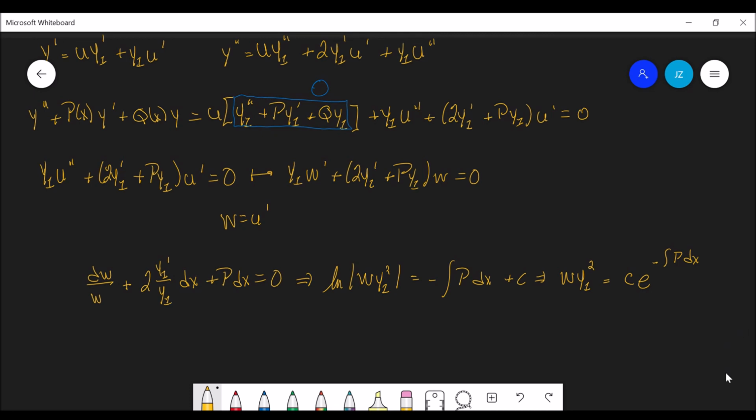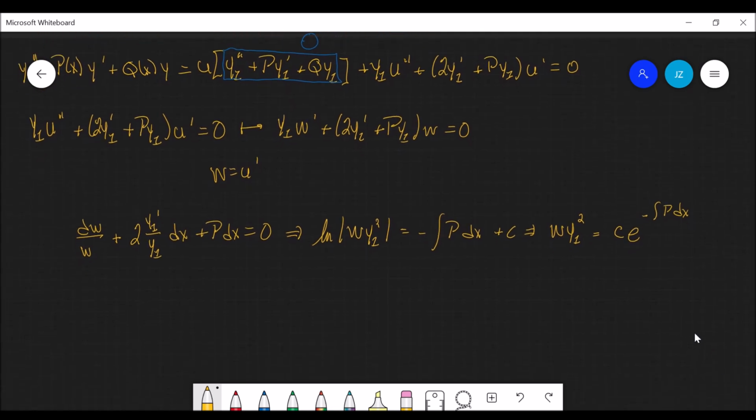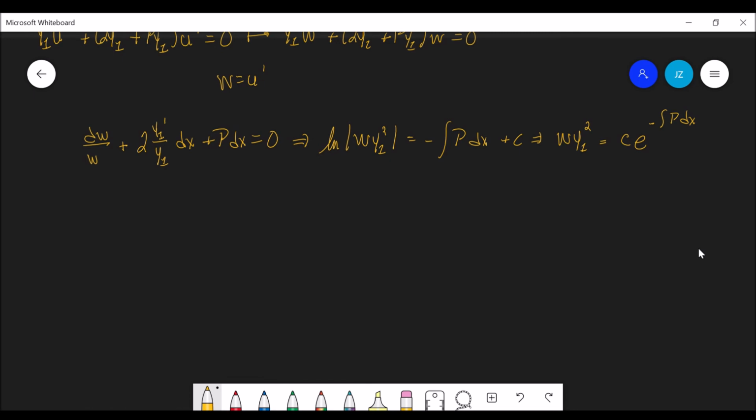Solve for w, then replace w with u prime and solve for u. That will give us u is equal to some constant, let's call it c2, times the integral of e to the negative integral p dx all over y1 squared dx plus some constant c3.